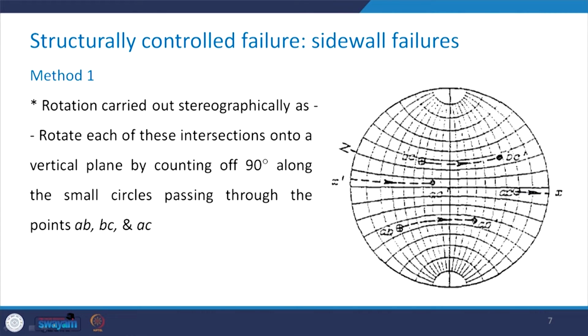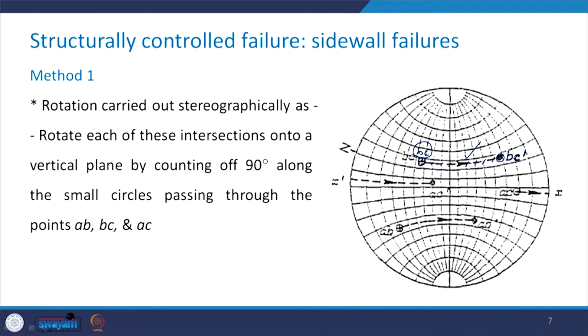This is the point BC. Now, see 10, 20, 30, 40, 50, 60, 70, 80 and 90, and here we get a point which we have got by the rotation of this point BC by 90 degrees.